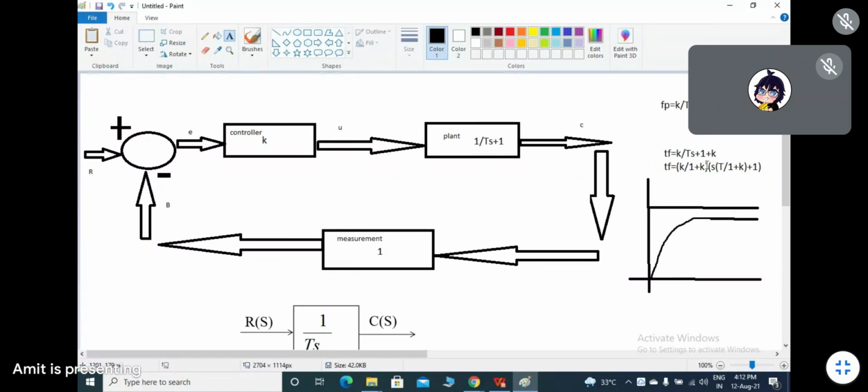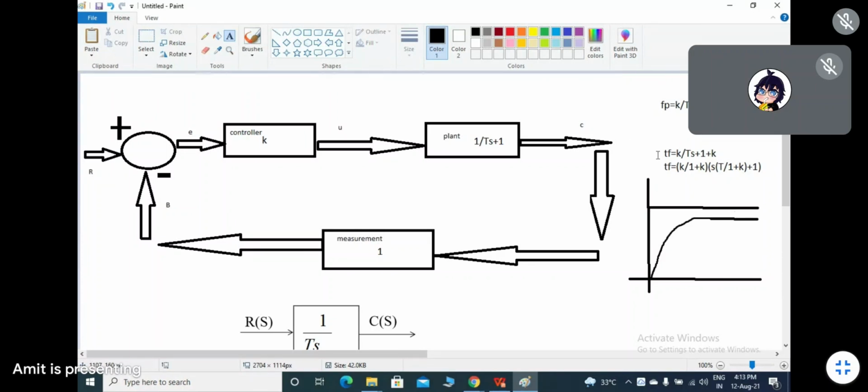So it will be 1 divided by s, into tau divided by 1 plus k, plus 1. Getting my point? Yes, sir.